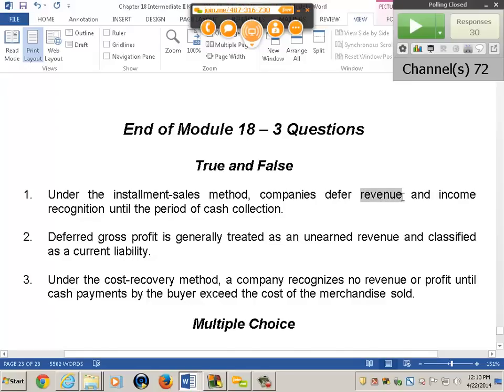What makes these two questions false is that you don't defer the revenue. The fact that we're saying you defer revenue is what's making that incorrect.